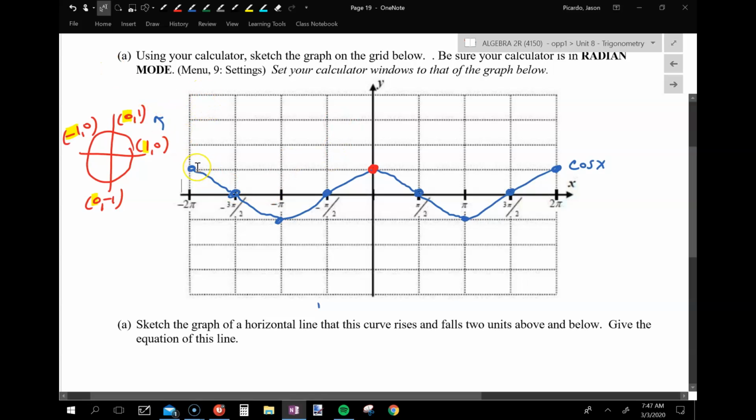Dylan, this y value is 1, right? If I double it, what am I going to make it? Good. This y value here is what? If I double it, it's still 0. This is -1. Double it. Very good. Okay, so go to here. This stays. This goes down. This stays. This goes here. So this is 1 cycle of 2 cosine.